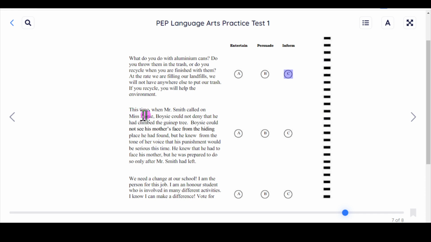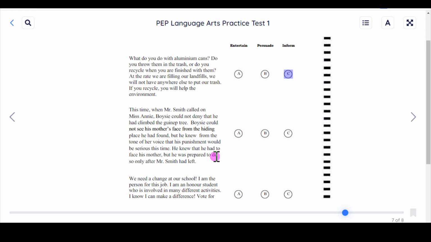This time when Mr. Smith called on Miss Annie, Boise could not deny that he had climbed the guinea tree. Boise could not see his mother's face from the hiding place he had found, but he knew from the tone of her voice that his punishment would be serious this time.